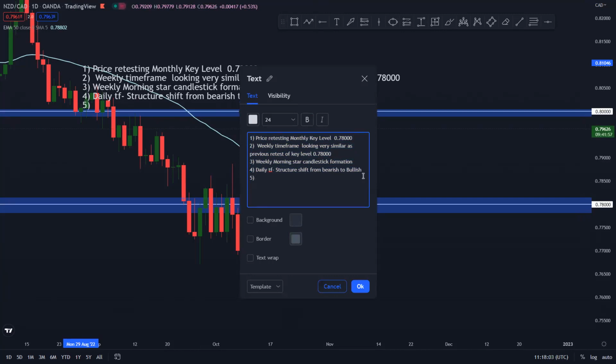So the daily structure shifts from bearish to bullish. So we had a break and retest as seen from the daily time frame.